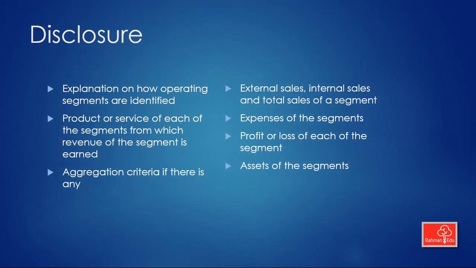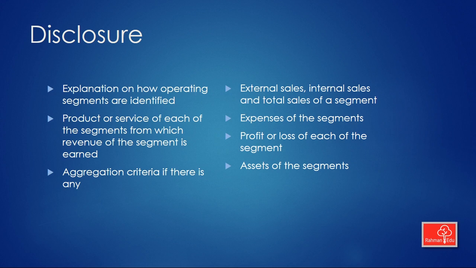Now here come the disclosures. First, an explanation of how you have identified your segments. Then products and services: what products and services are sold by that segment to earn revenue? If you have aggregated your segments, what are the aggregation criteria? External sales, internal sales, and total sales of a segment. Expenses of the segments.